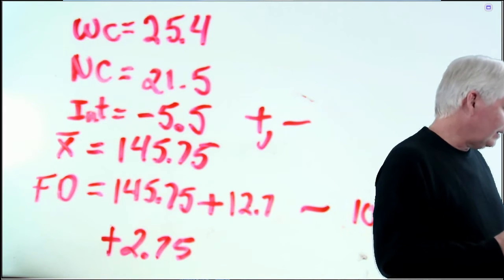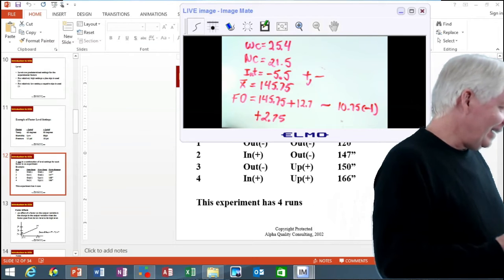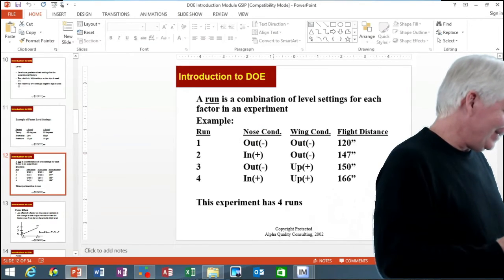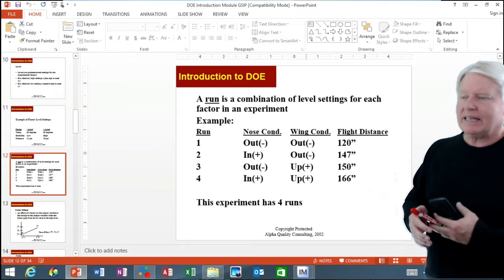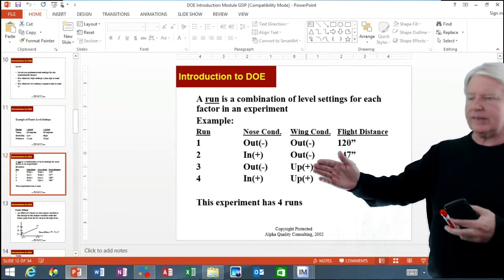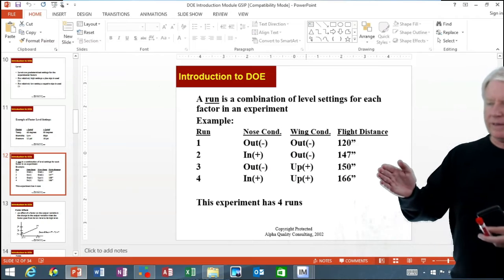So let's go back and look at that. And I can already tell you I made a mistake somewhere. All right, so I wanted to know when wing condition was positive, and nose condition was negative, was this run right here, 150.